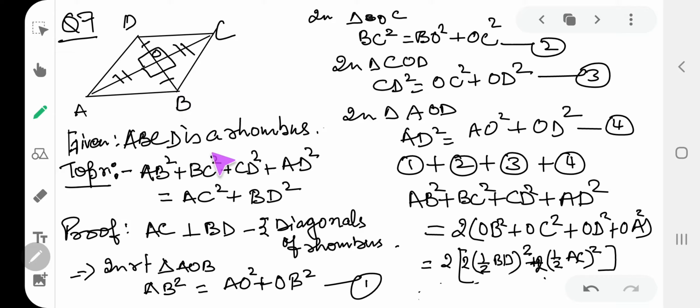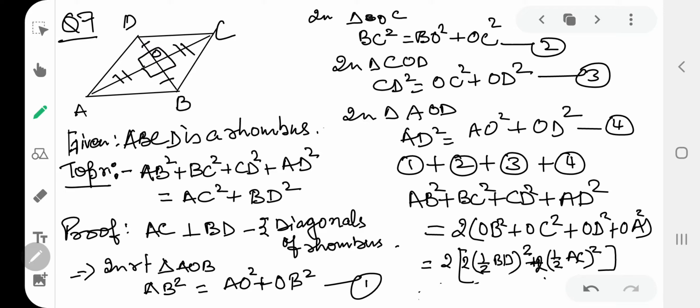So ABCD is a rhombus given to you and you are required to prove AB square plus BC square plus CD square plus DA square, that means sum of the square of all its sides, is equal to sum of the square of its diagonal, AC square plus BD square.